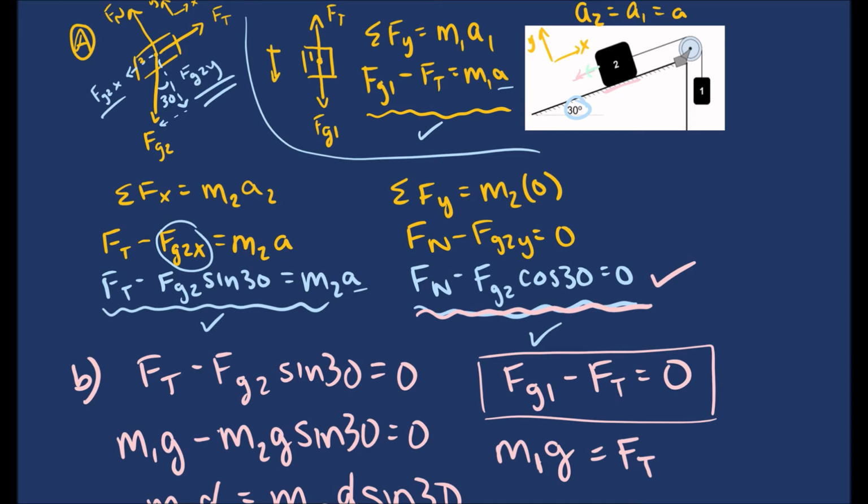And if that decreases, and you don't change the mass of m1, then the system is going to accelerate, and mass 1 is going to fall down to the ground, and mass 2 is going to come up the incline.